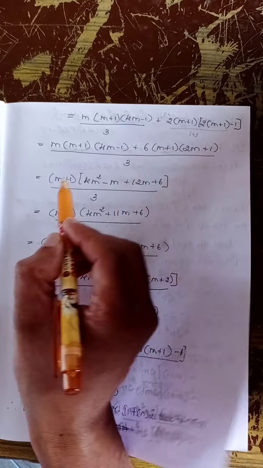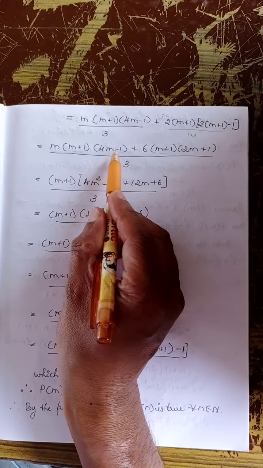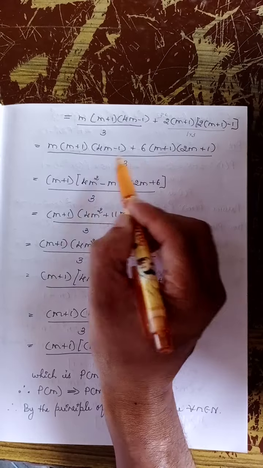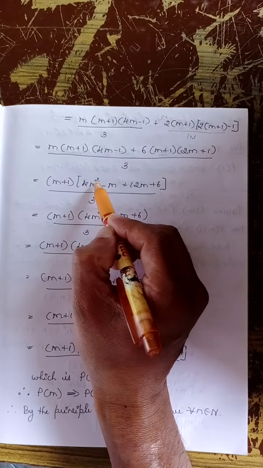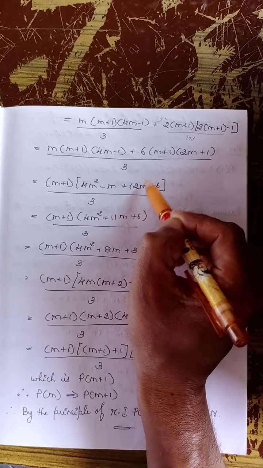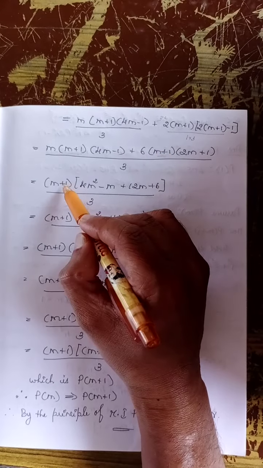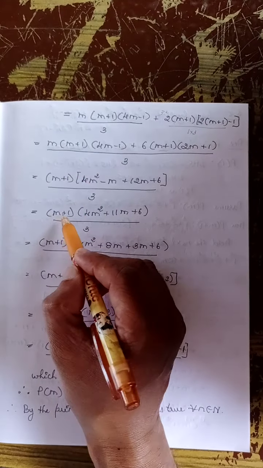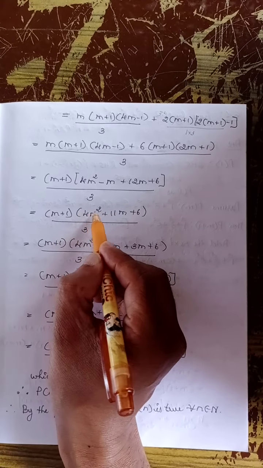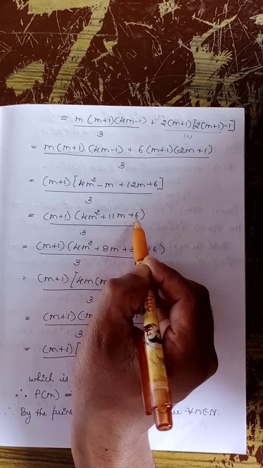Keep it outside. Then we have remaining 4m minus 1 and m, that is 4m square minus m. Here it is 6 into 2m is 12m, 6 into 1 is 6. Here (m plus 1) is already taken as common, which is outside. Now it will be (m plus 1) into (4m square plus 12m minus m, which is plus 11m, plus 6) divided by 3.